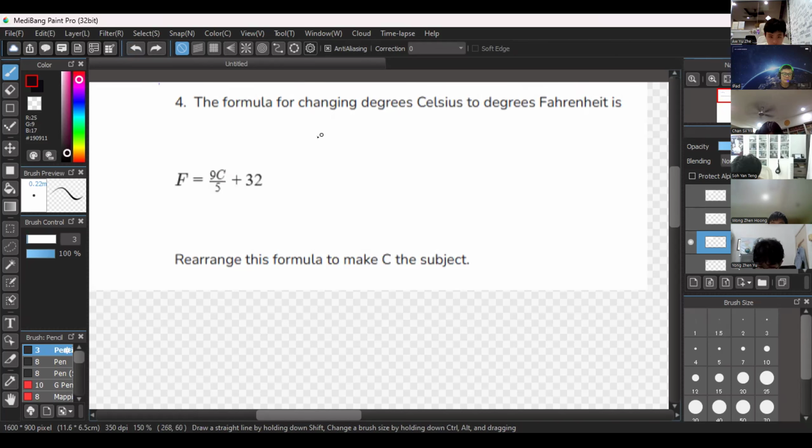Okay, so let's start. Okay, so 5 equals to 9c divided by 5 plus 32.